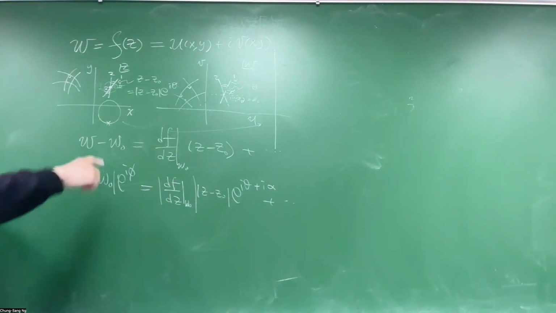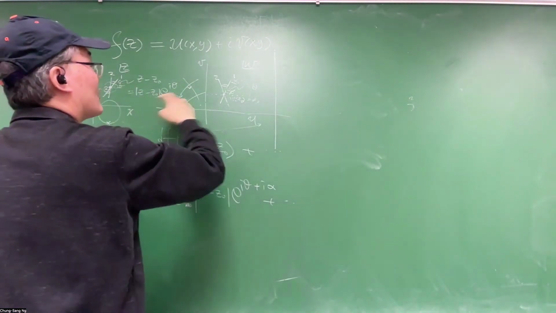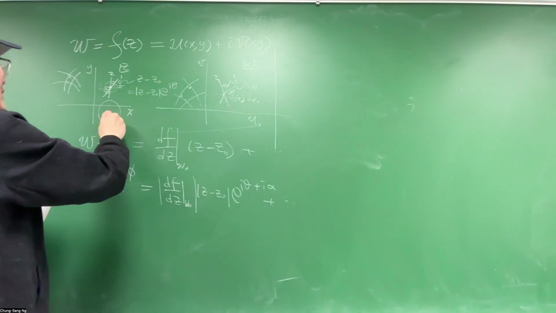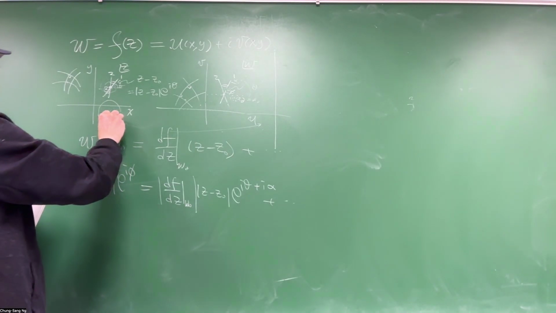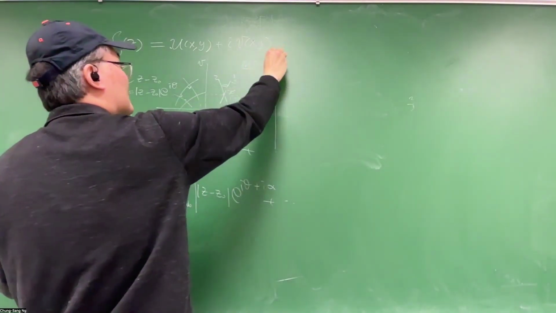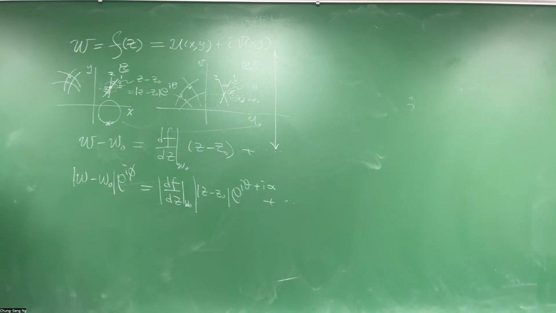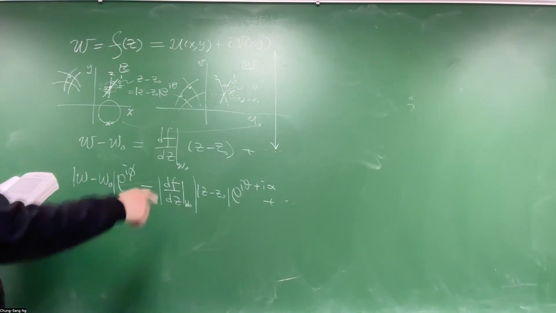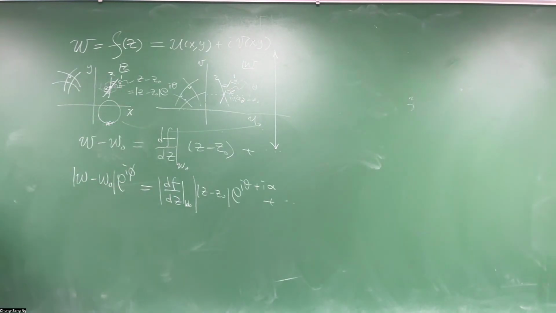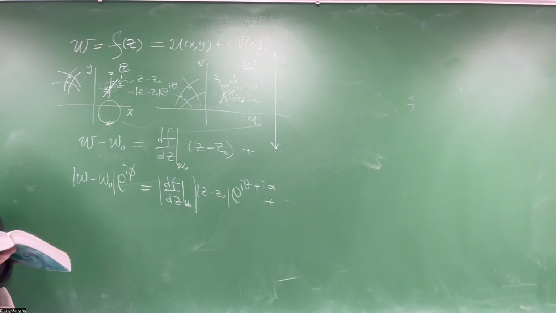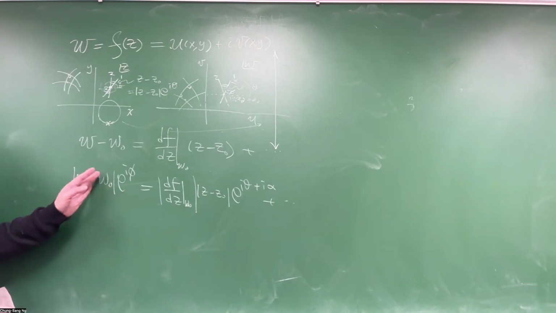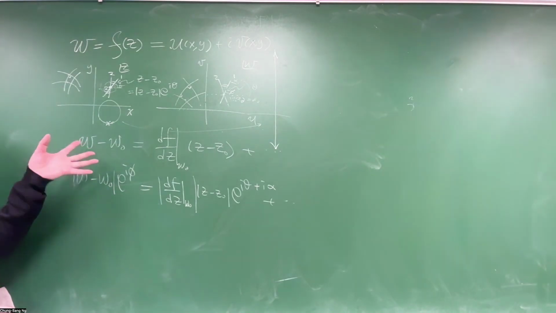So if this curve maps to a straight line, then somewhere this part will approach this pole, and then we will approach plus or minus infinity. Okay, so sometimes the application is for a mapping that has an isolated singularity. You see that in the homework. Okay, so that's the meaning of conformal mapping.